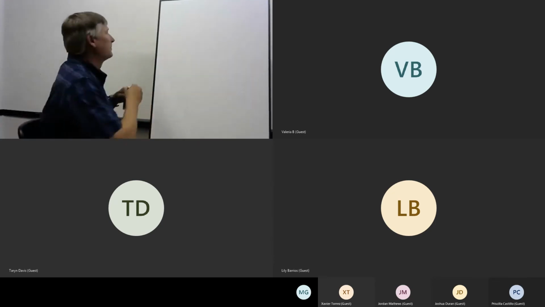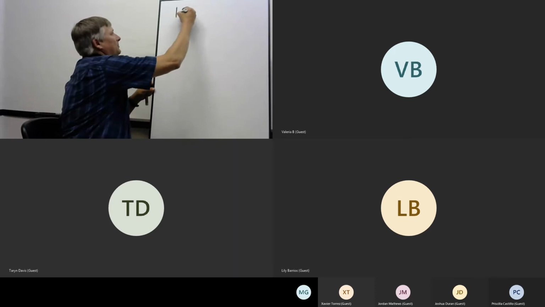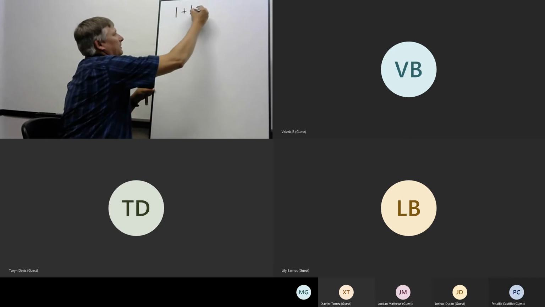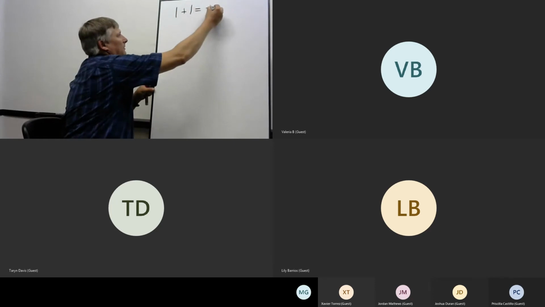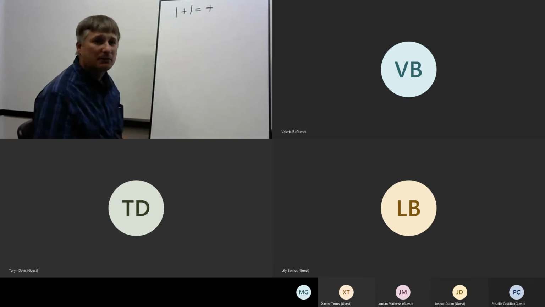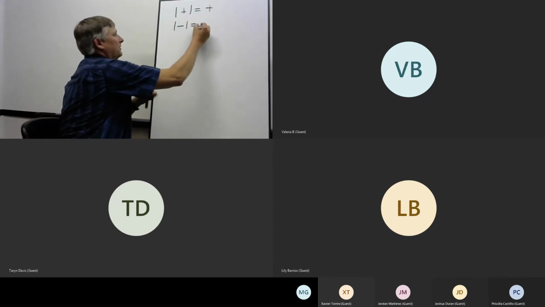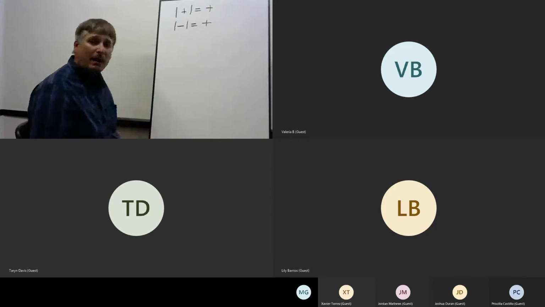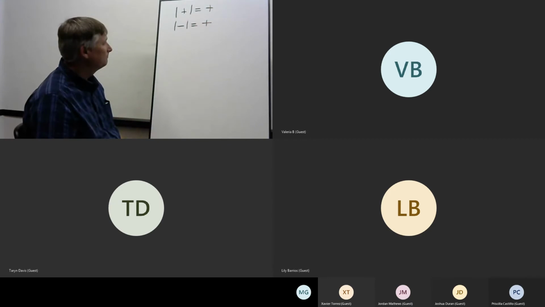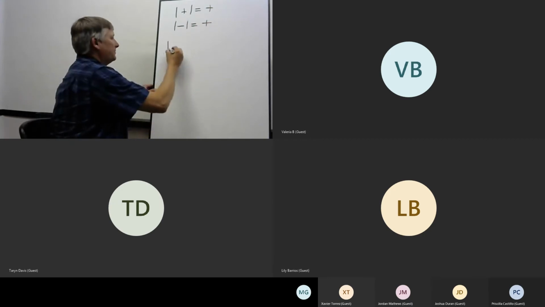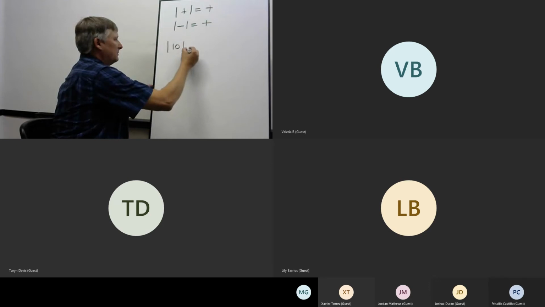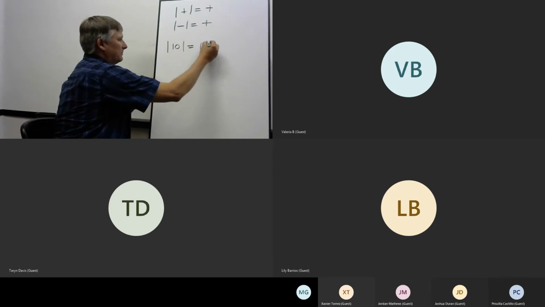So when you have a number, the absolute value of a positive number will come out positive. And the absolute value of a negative will also come out positive. So if we take the absolute value of 10, we'll get 10.